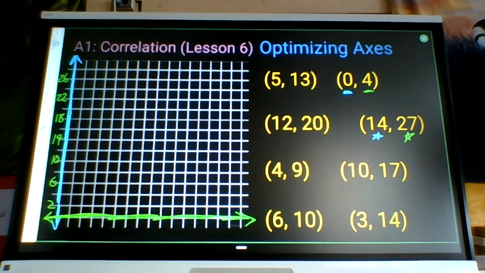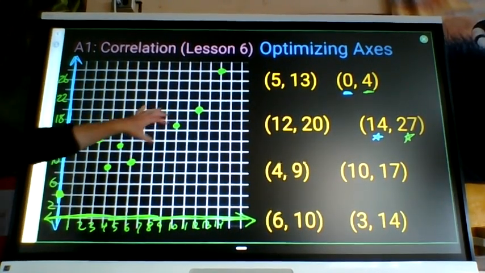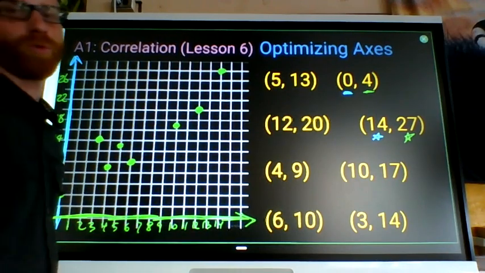Place my points on the graph. All right, so we've got all these green points scattered about on the graph representing those ordered pairs.